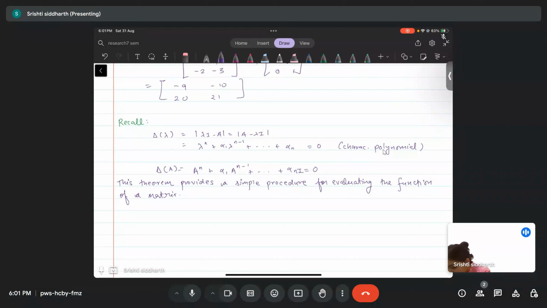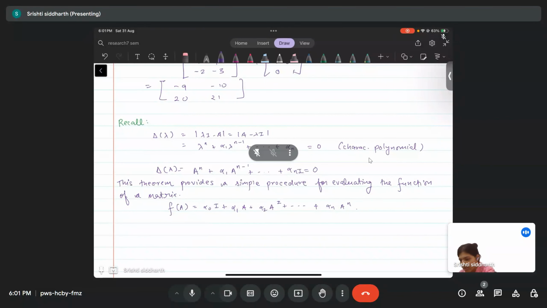So for example, the function of a matrix denoted by f of A is given by something like alpha naught I plus alpha 1 A plus alpha 2 A square, and so on till alpha n A to the power n, and then so on.